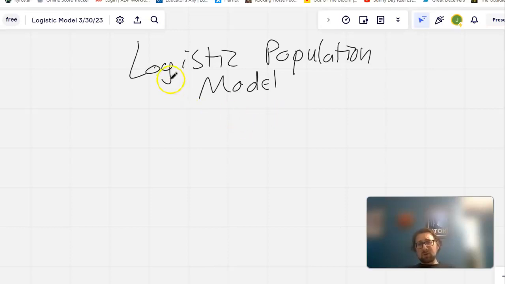Anyway, so the logistic population model is a model from ecology. Again, this is a practical application of differential equations. This is not just some arcane equation that we're solving for the sake of solving it and pushing around numbers and performing algebra. This has a real pragmatic use.